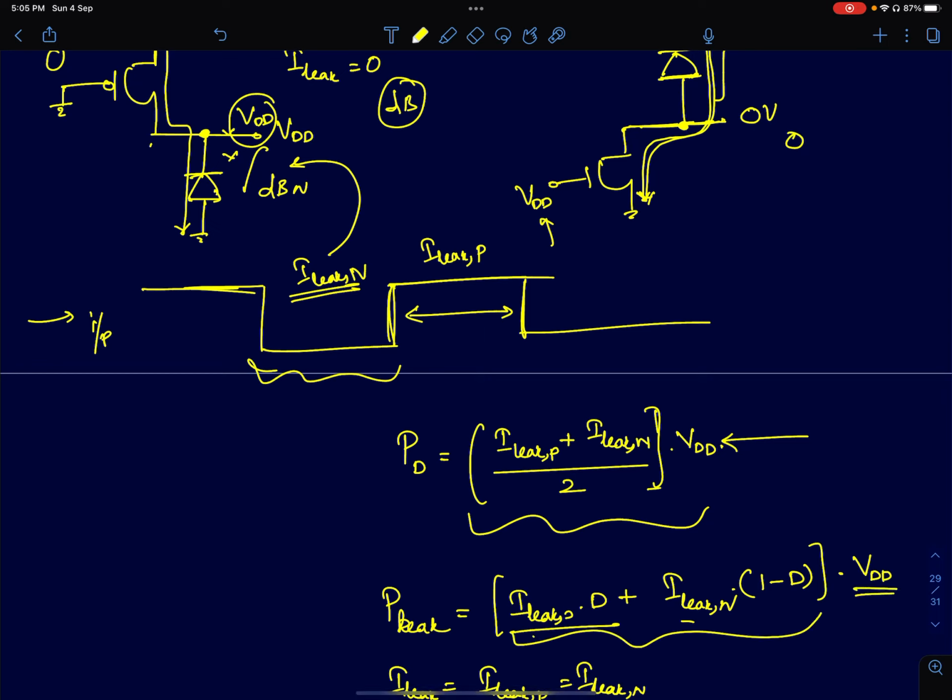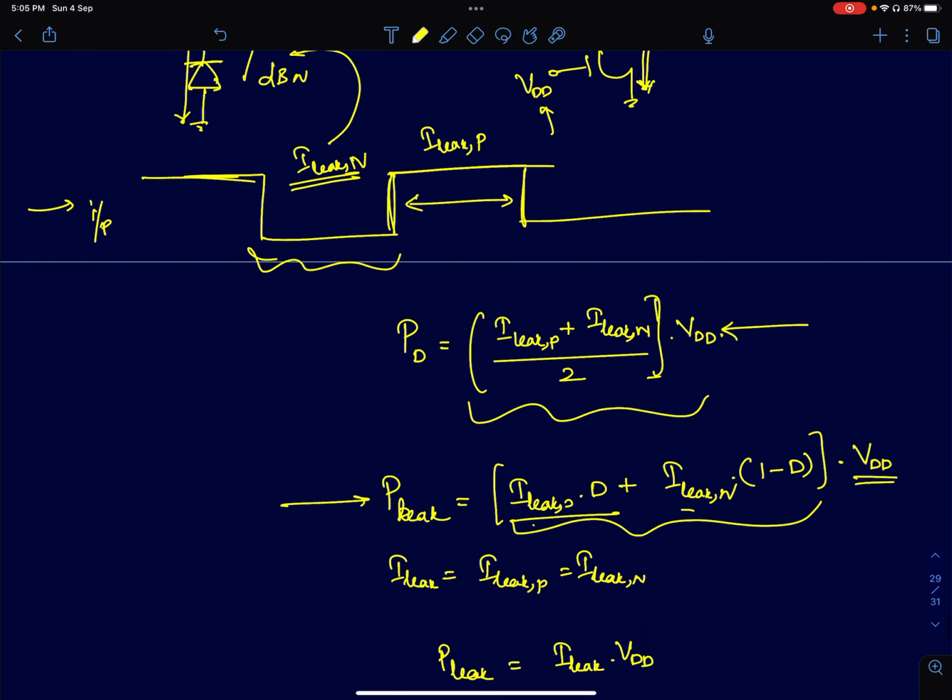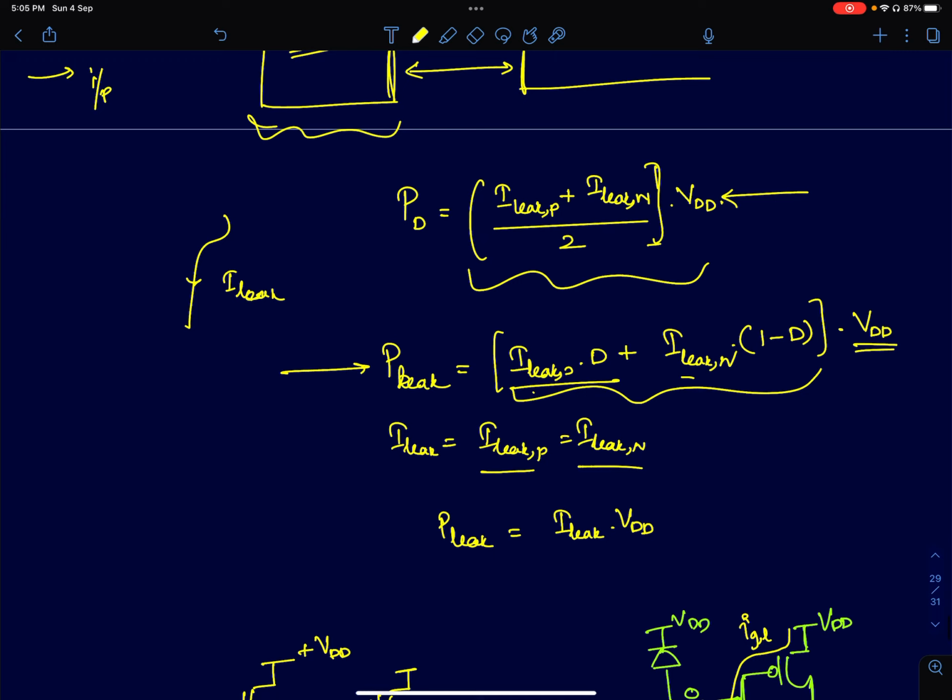Times VDD will be your leakage power consumption. If you assume the NMOS and PMOS leakage currents to be exactly the same, then you will always be drawing a current of value I leak from the supply. So this is the source of leakage in a CMOS inverter, which is mainly the diode leakage.